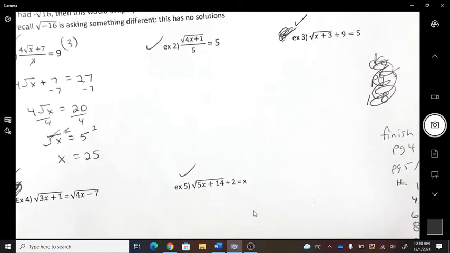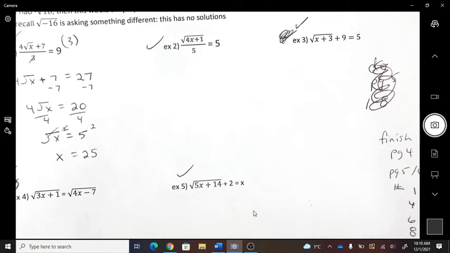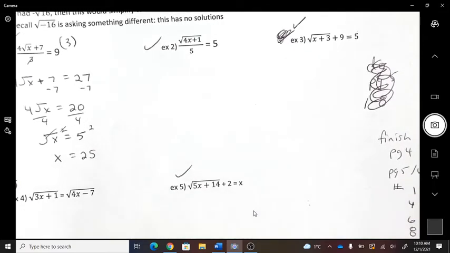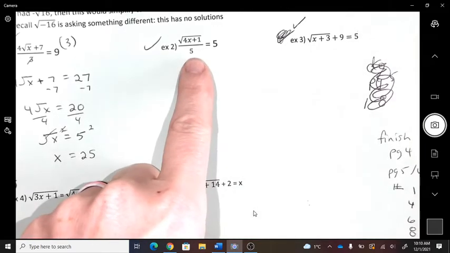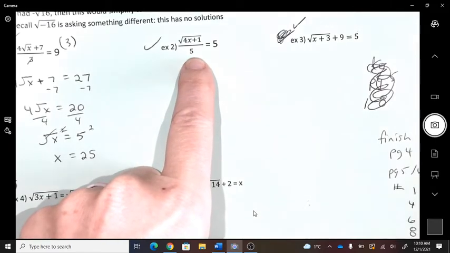Okay, number 2. Do you notice there's a bunch of stuff with the radical? I cannot separate a 1 and a 4 if it's inside the radical. First of all, I'm going to do the 5, because it's not inside the radical.